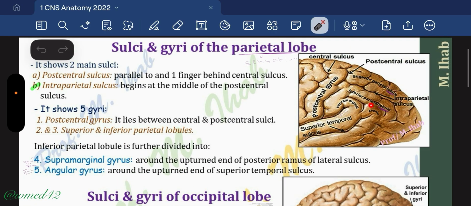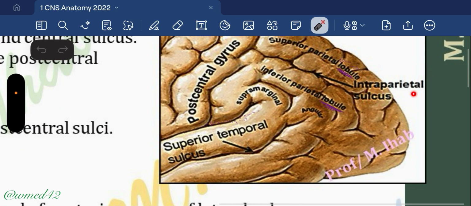Sulci and gyri of the parietal lobe. It shows two main sulci: the post-central sulcus here, and the intraparietal sulcus. Intraparietal sulcus, right here.